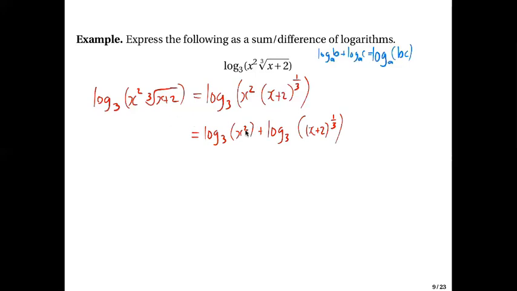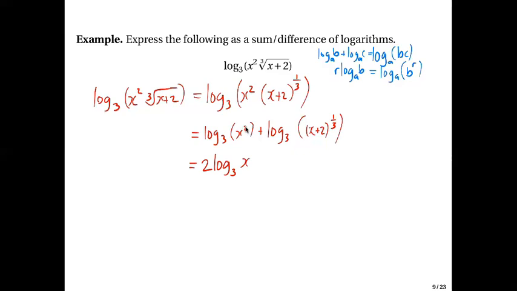Now, x has exponent 2, x plus 2 has exponent 1/3. So we use now the property r log b with base a. This is equal to log with base a of b raised to r. So the exponent of b will become a coefficient of log. Which means, in here, we will get 2 log with base 3 of x.